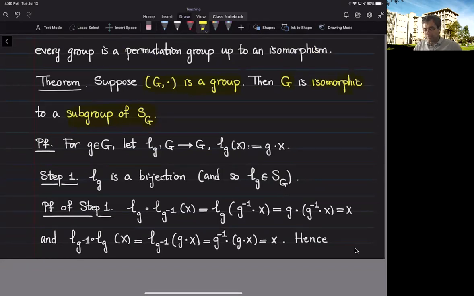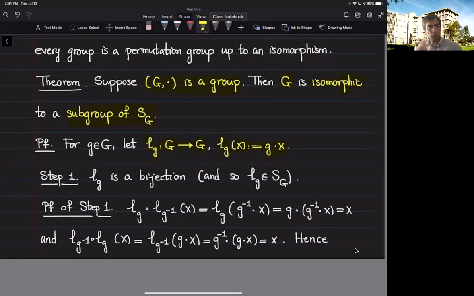I'm looking at multiplication by g, left multiplication by g. This L stands for left. So I'm looking at left multiplication by g, and that gives me a function from the group to itself. When I feed it an element of the group, it gives me g times that element.